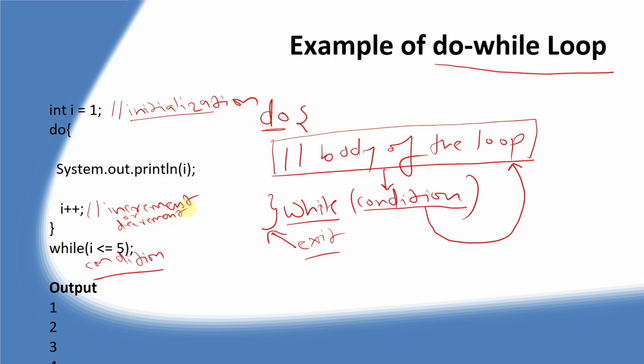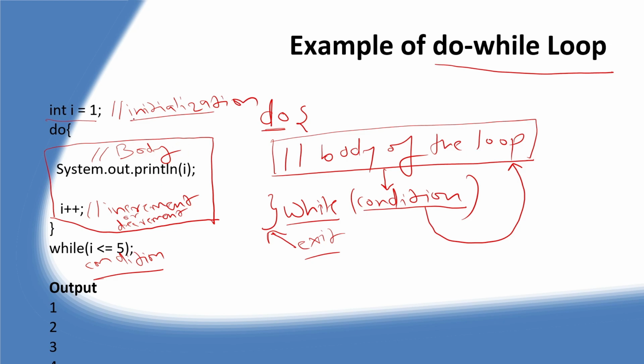These three components always exist in all three loops. Initialization is outside the do-while loop, and increment is part of the body. So this is the body of the loop, and this is the condition.